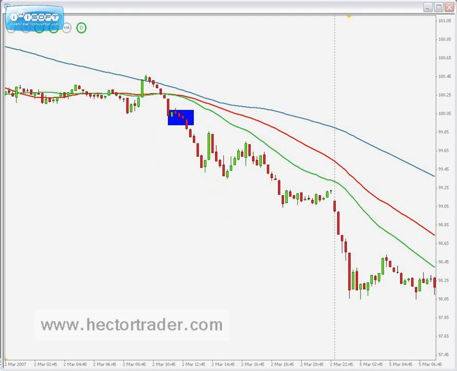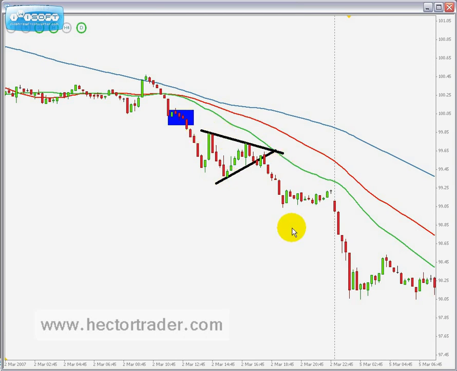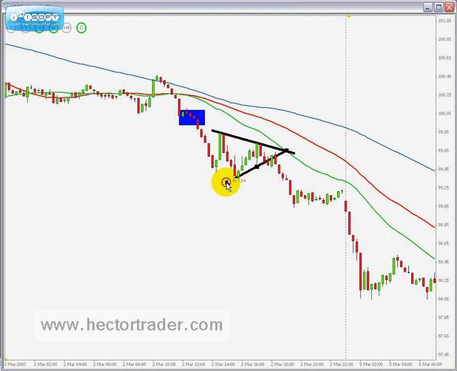You may recognize it. Have a look here, let me show you. I'm sure you're going to recognize this formation right there. You see that? It's a triangle, guys. Let me define it a little bit better. That's it. It's a triangle.